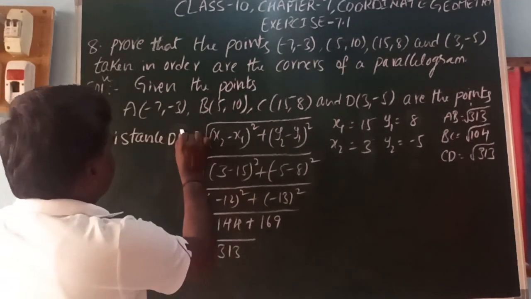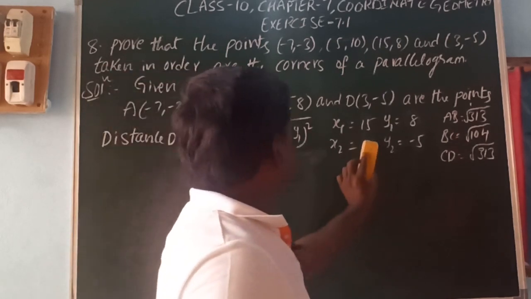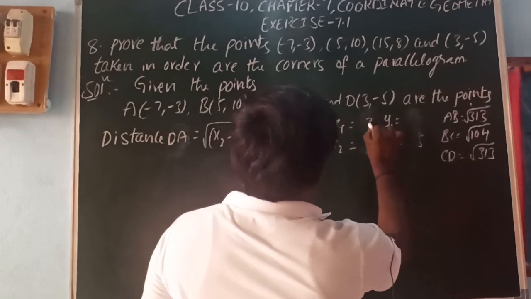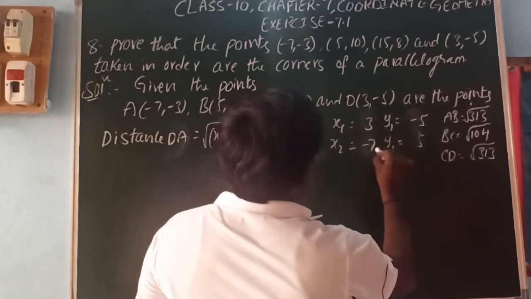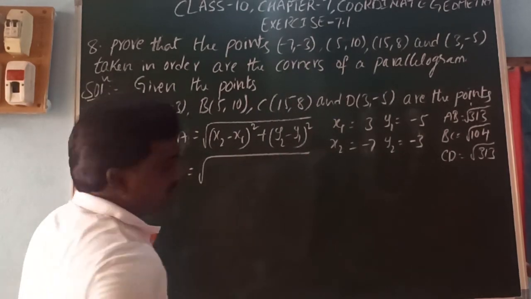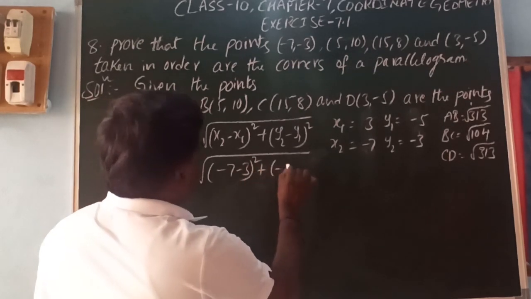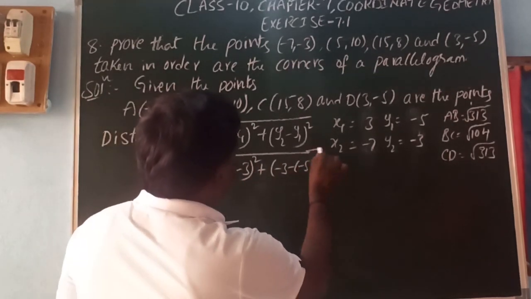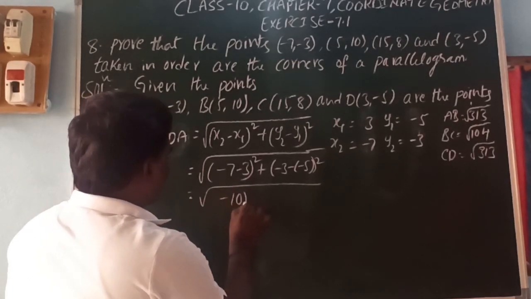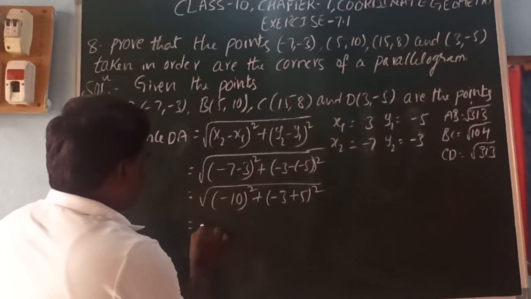Next, the distance DA. D point is (3, -5), A point is (-7, -3). So the square root of (-7 minus 3) whole square plus (-3 minus of -5) whole square.